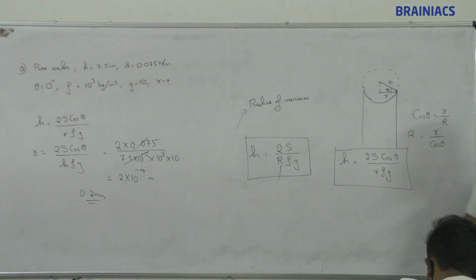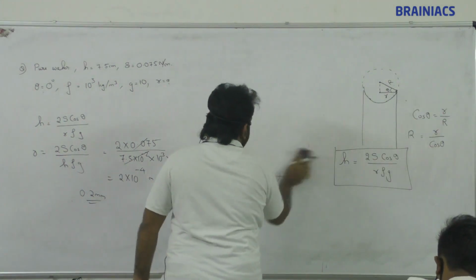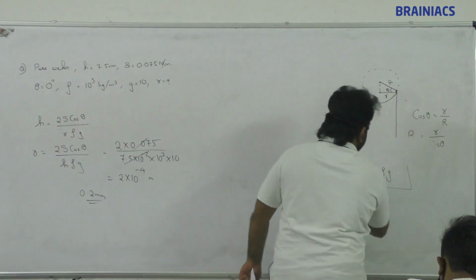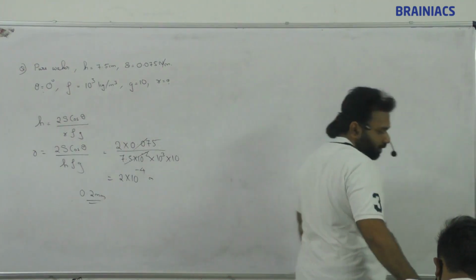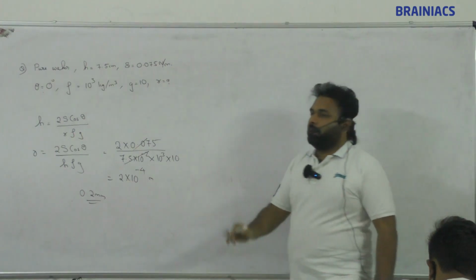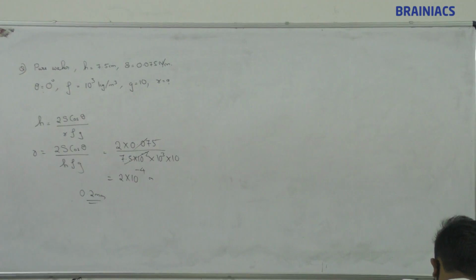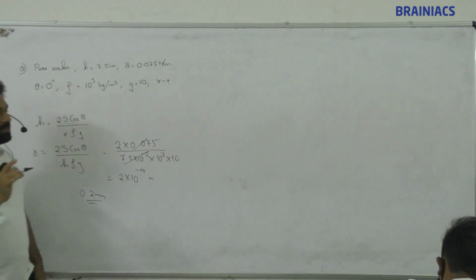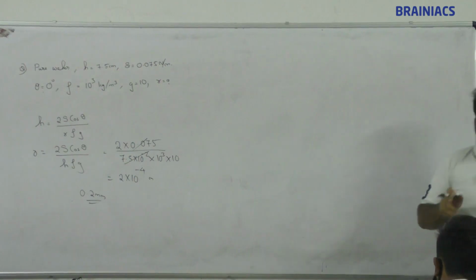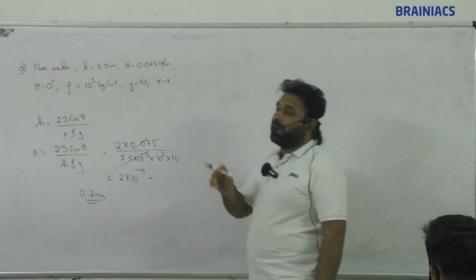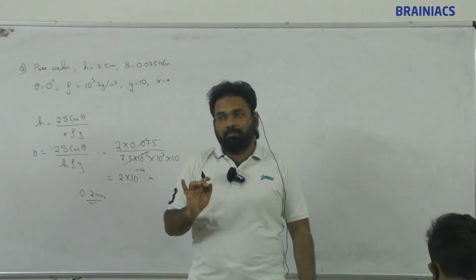Okay, next question. Okay children, so capillary rise means always the pressure will be 2s by r less than the atmospheric pressure. When you come down, the pressure will be further h rho g less.